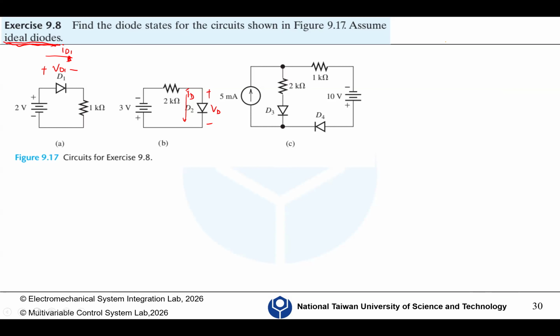And then here we know the voltage across this resistor is 1K times ID1, right? So for an ideal diode, when it is on, it's a short circuit.